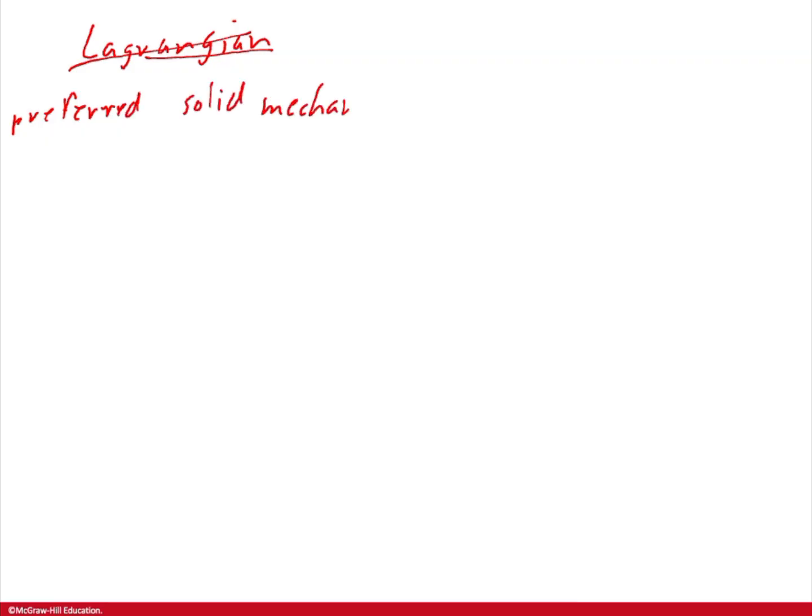So as a result, Lagrangian description is preferred when you're studying solid mechanics, and Eulerian description is preferred for fluid problems.